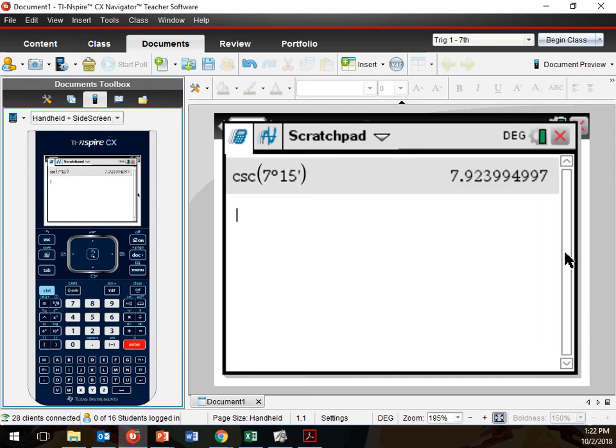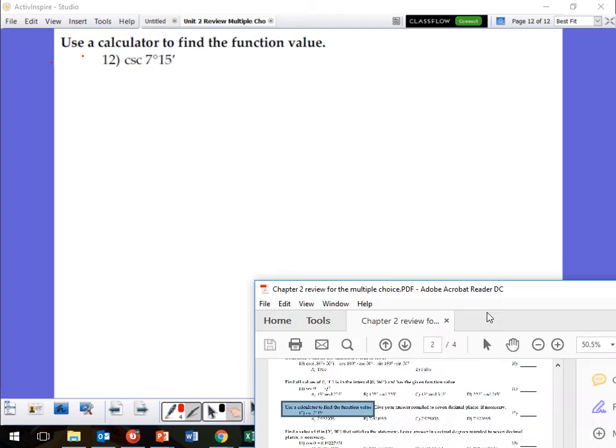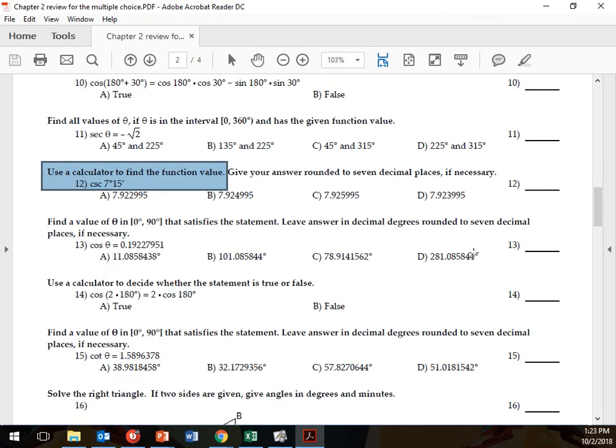And 15 minutes. 7.92. It's going to be option D, right? If you guys are looking at the multiple choice right here, the only answer that actually fits that one is going to be D.